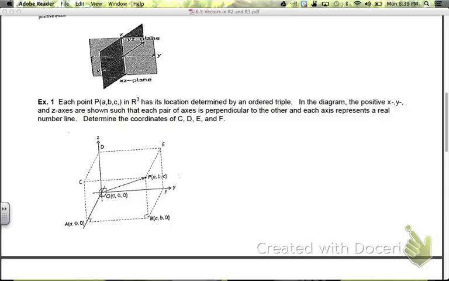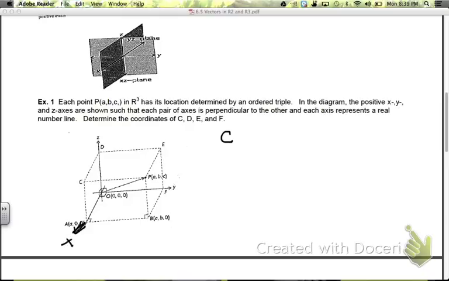So let's first look at C and find the coordinates for C. What we're going to do is look at how I get from my origin to point C. Well, this here is my x-axis. It should have been labeled. Okay, that's my x-axis.